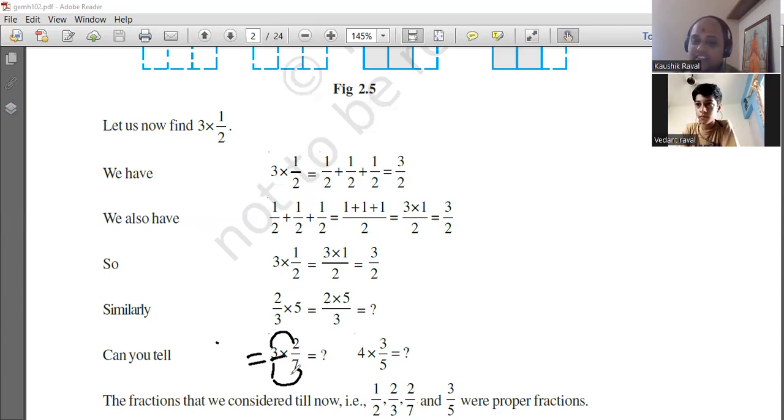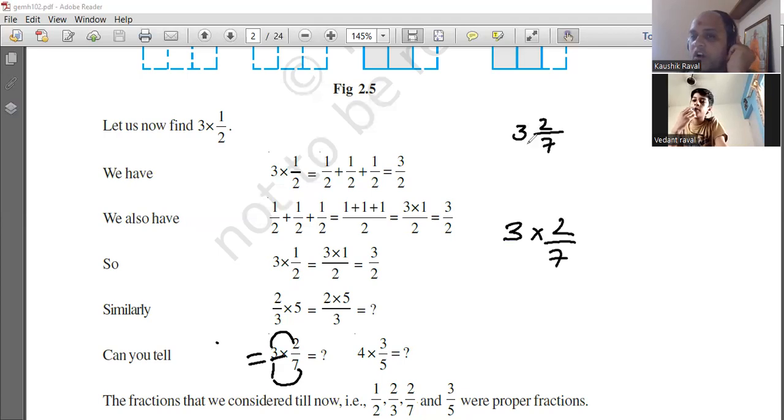No, this is a different one. This is multiplication. This is not a mixed fraction. When it is written like this, we don't consider that as a mixed fraction. When we are writing a mixed fraction, we write it without any sign or multiplication or a dot between them. This is a different one. This is multiplication, the product that we have to find. So we will consider 3 divided by 1 into 2 by 7.